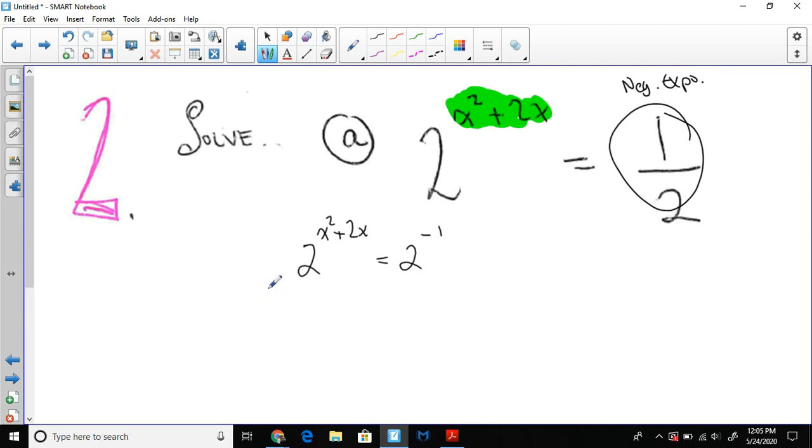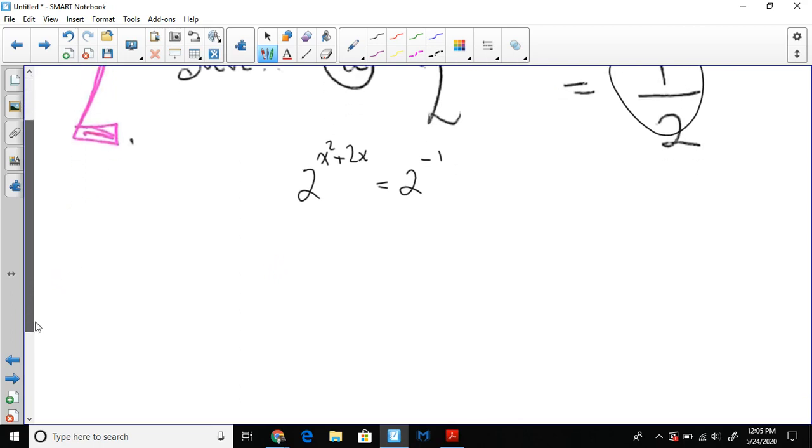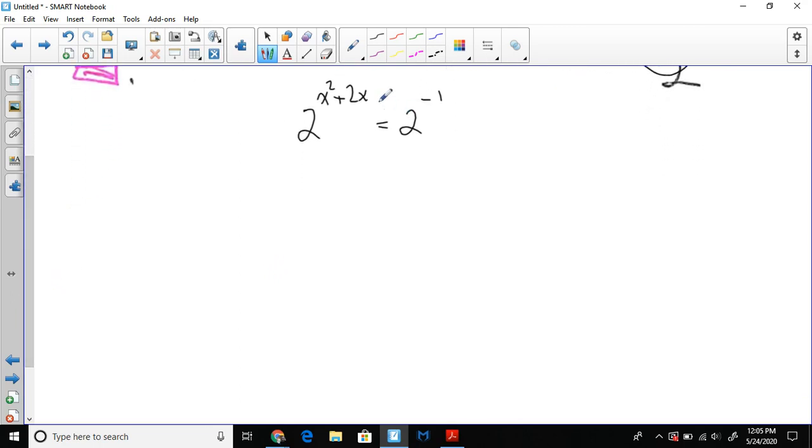And then now, well, okay, this is easy. I have a common base. So now I can just equate their exponents. So I have x squared plus 2x equals minus 1, okay? So now just remember, when I solve a quadratic, I can't solve it in this way.